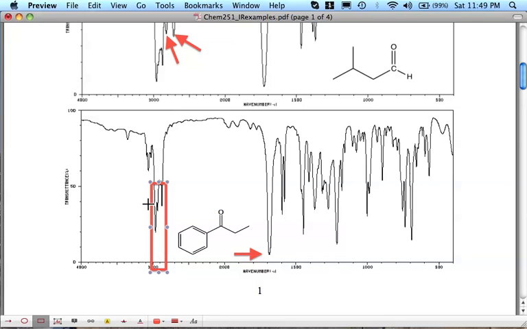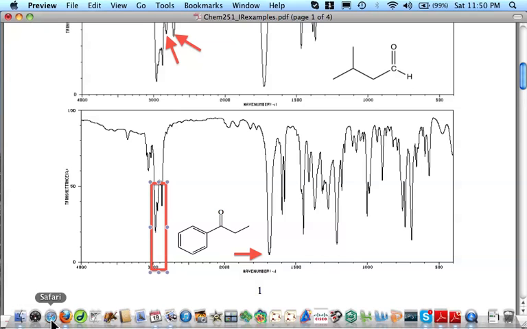Those are our CH stretches, sp3 CHs again. Notice, however, that there are some little peaks that are above 3000. Those are actually the sp2 CHs. I haven't shown them in this line drawing, but there's a carbon with a hydrogen there, carbon with a hydrogen there, carbon with a hydrogen there, etc. And those CHs are coming slightly above 3000.